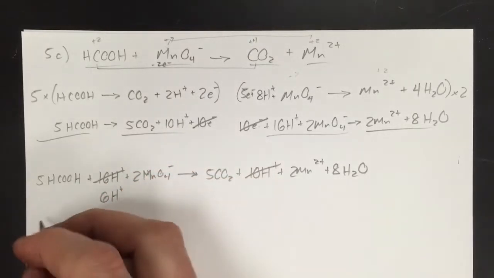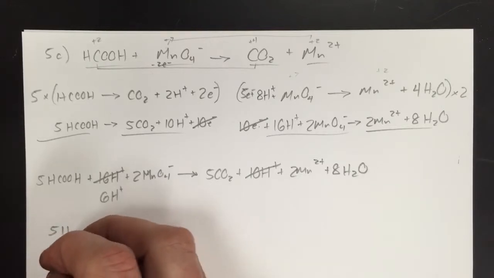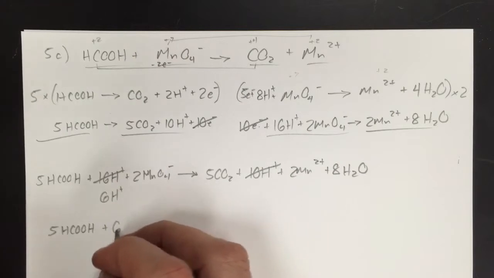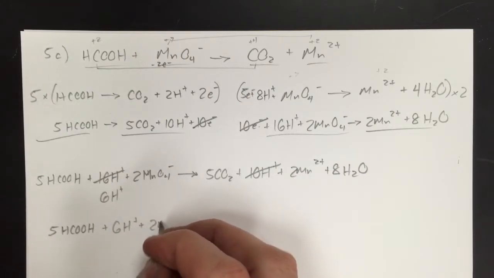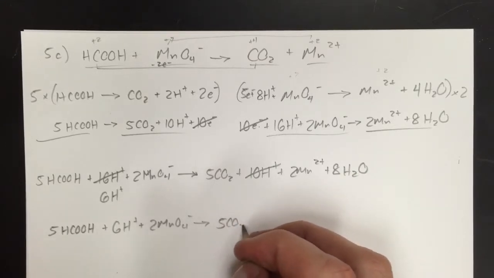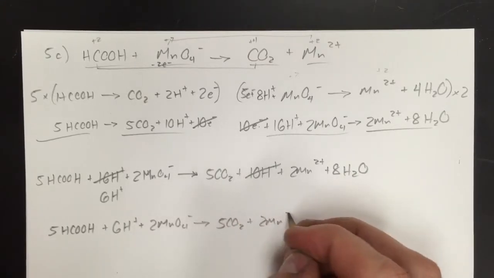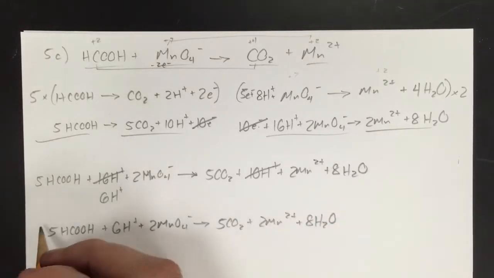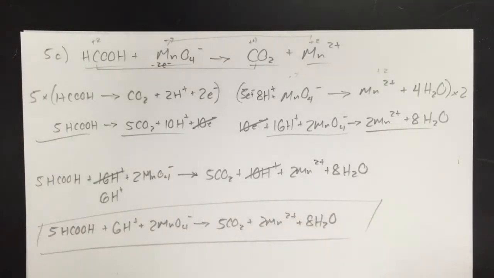If you wanted to rewrite the whole thing, you got 5 HCOOH plus 6 H plus 2 MnO4 minus reacts to form 5 CO2s plus 2 Mn2 plus 8 H2O. And that is it. That is your final answer for the balanced equation.